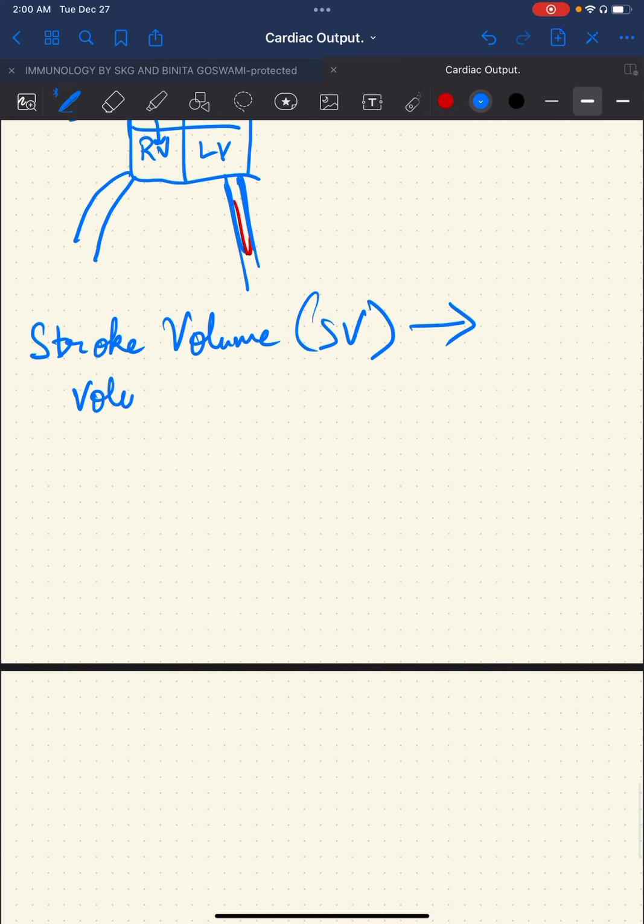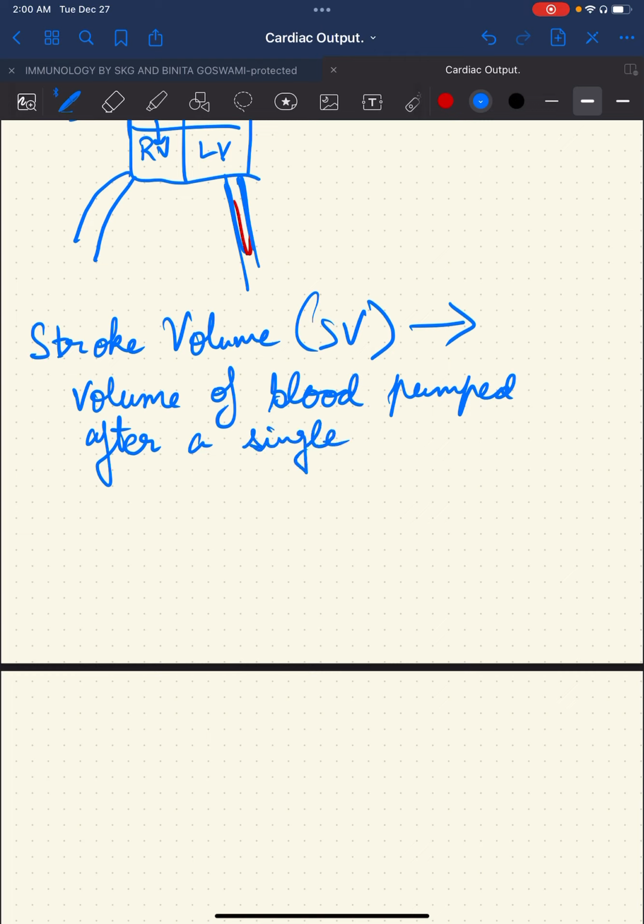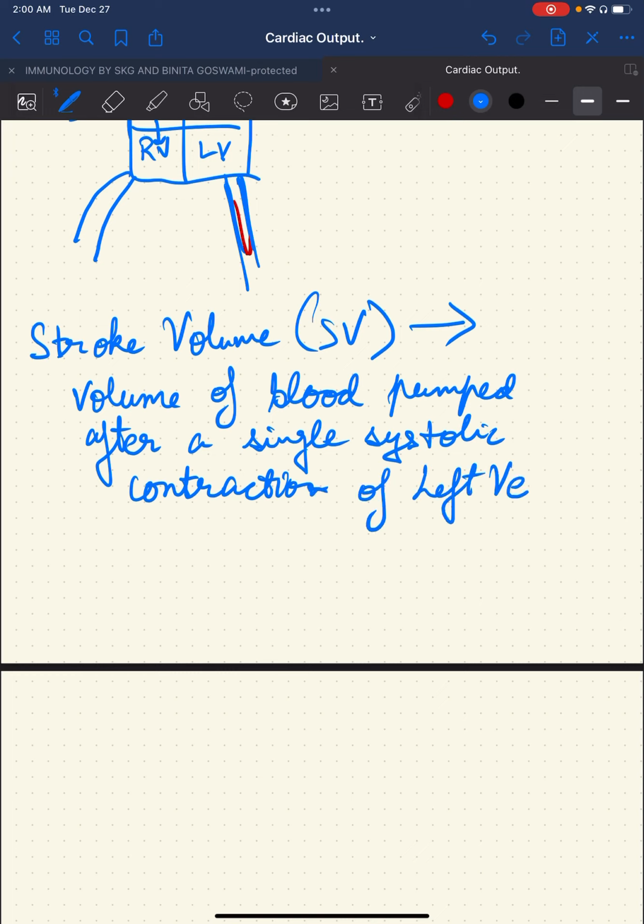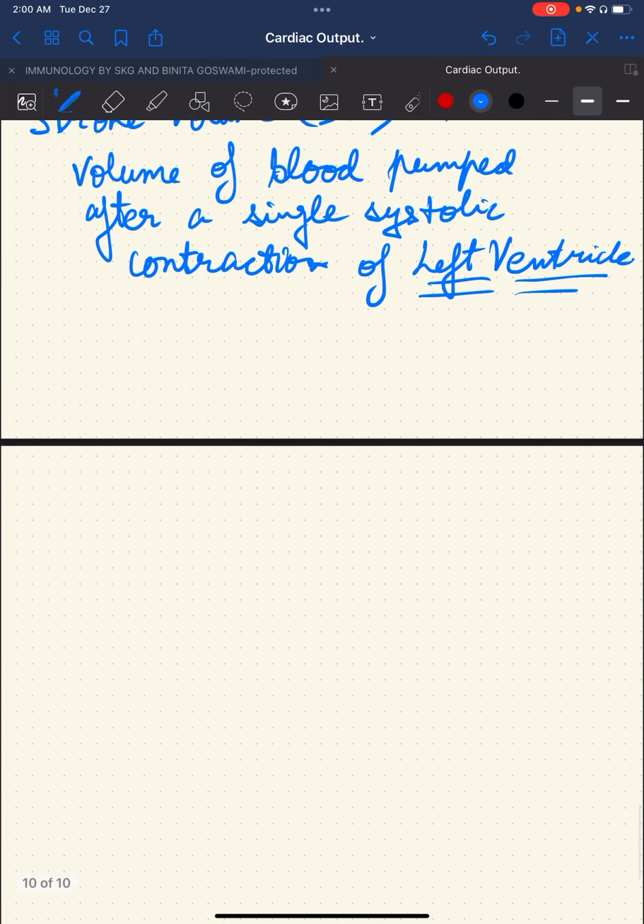Volume of blood pumped after a single systolic contraction of left ventricle. We arbitrarily take left ventricle, but this holds true for every structure.